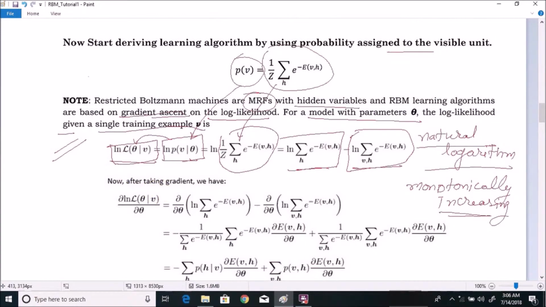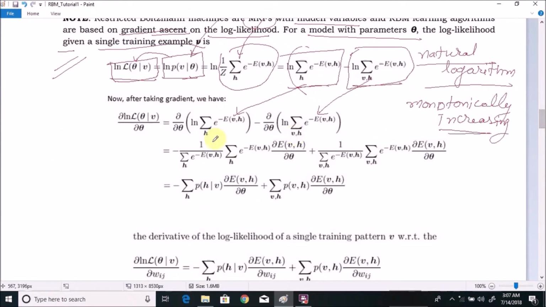We take the derivative of this part here, and after applying some derivation skills we get these two parts, and finally after simplifying we get this.